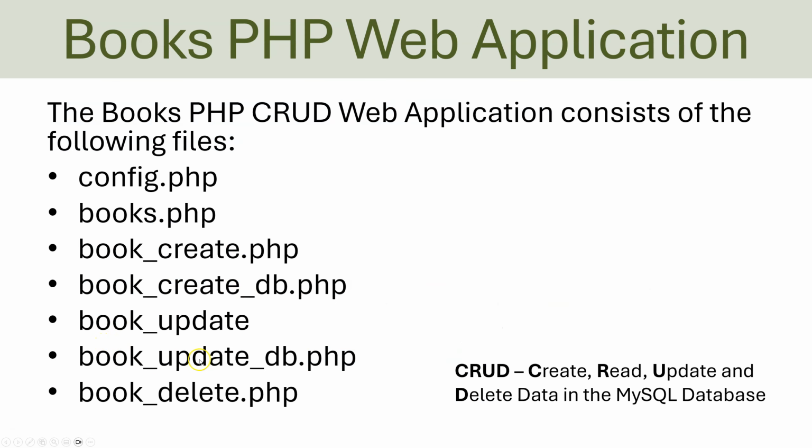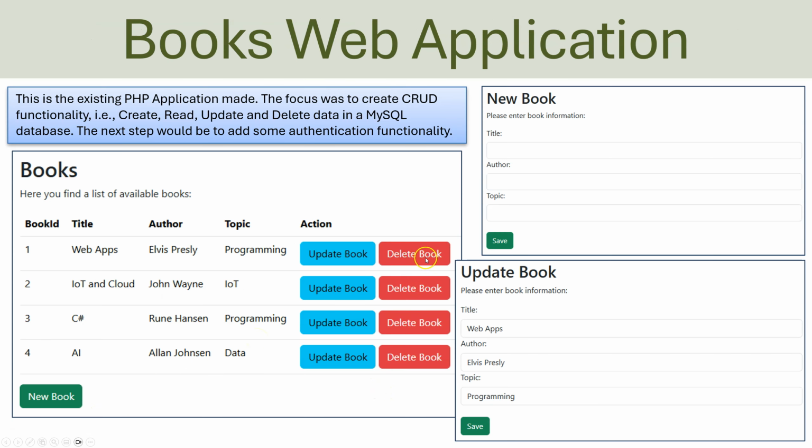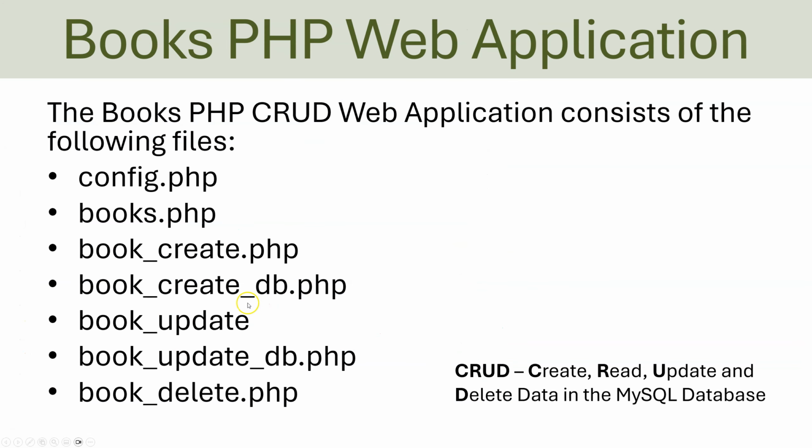And then book_update_database is the web page that is actually updating the information in the database. And finally we have this book_delete, which is this page for deleting an existing book. So this application has so-called CRUD functionality where we create, read, update and delete data in this MySQL database.